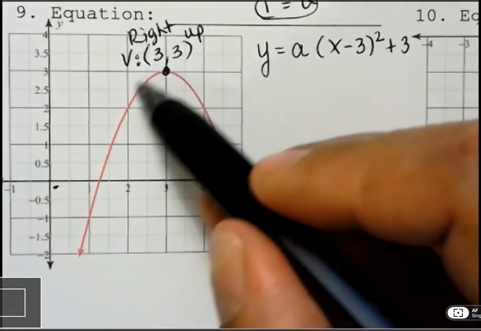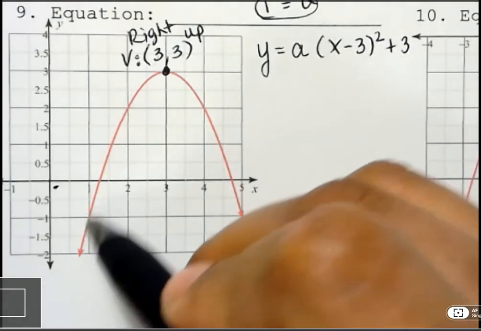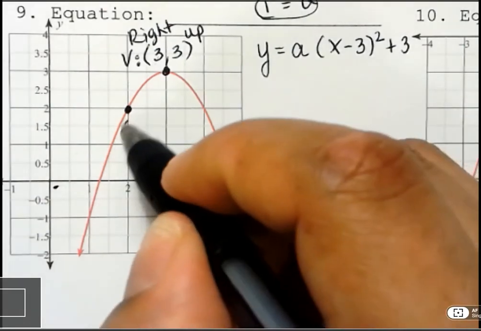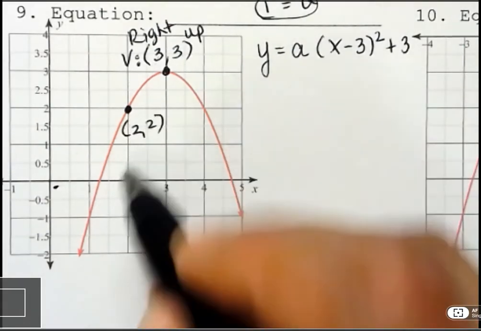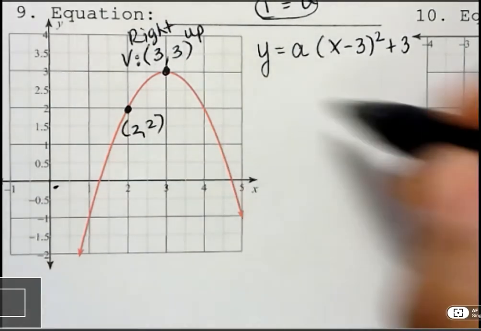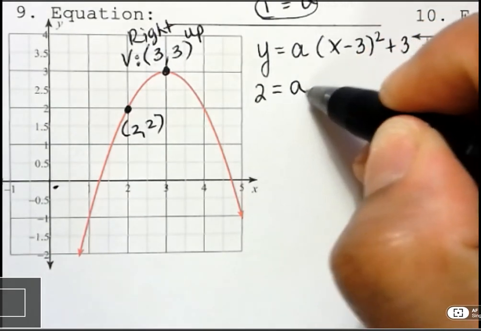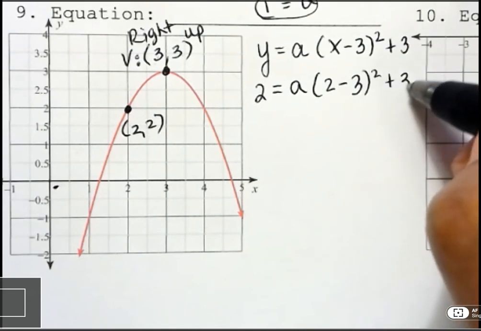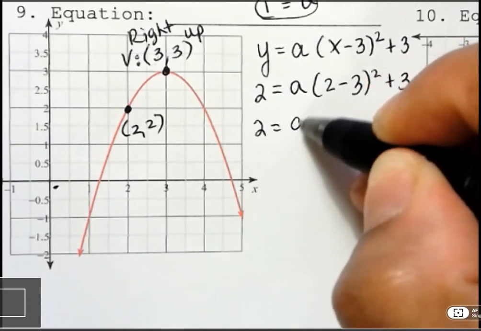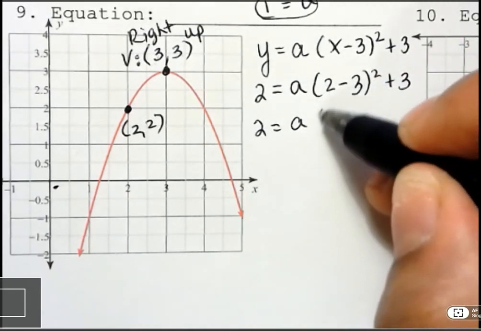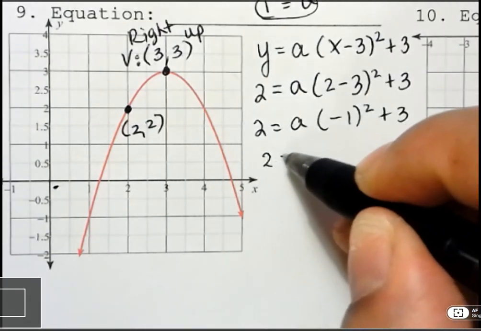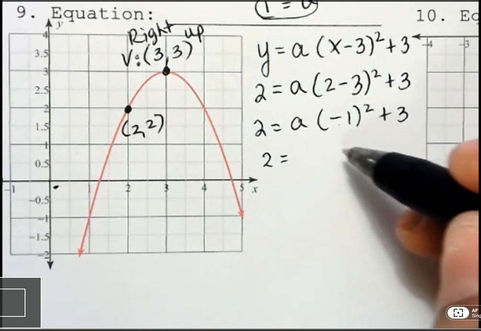Now you're going to pick a point on the graph, and as long as it's an intersection point, it doesn't matter. So I'm going to go with this one, and that point happens to be (2, 2). So x is 2, y is 2. So I'm going to substitute in. Two minus 3 is a negative 1. Negative 1 squared is a positive 1.